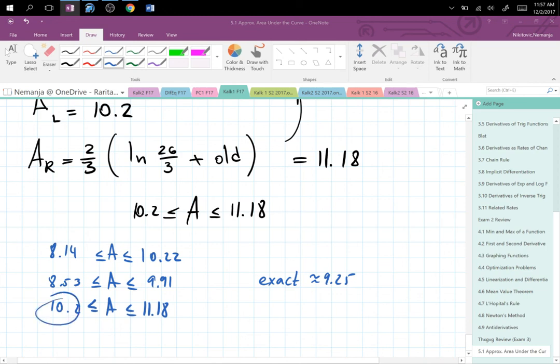So this number is not good either. That might be 9.2, not 10.2. But 9.25, and this 9.25 needs to be in between every time. So this is probably 9.2 over here.